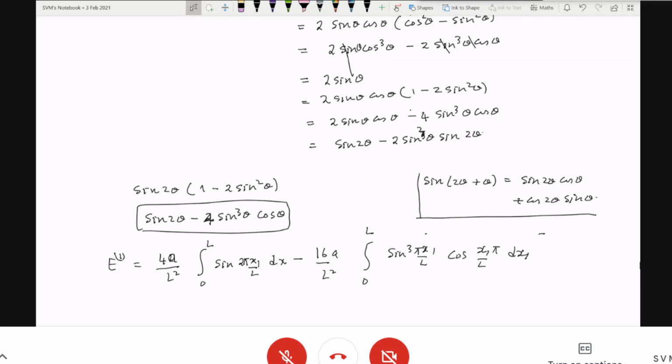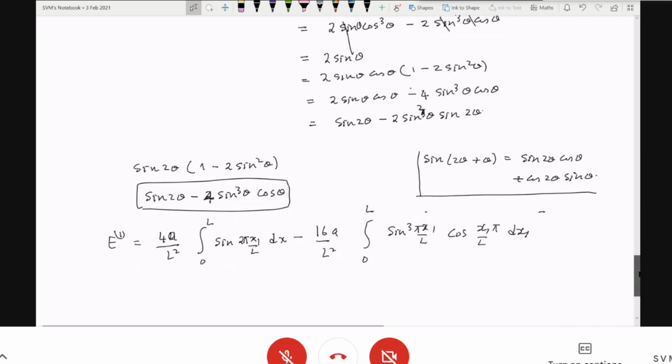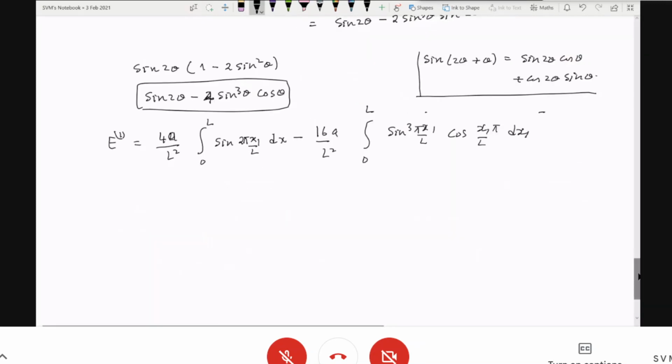So this first integral is 4A by L square into L by 2 pi into minus cos 2 pi x1 by L from 0 to L.